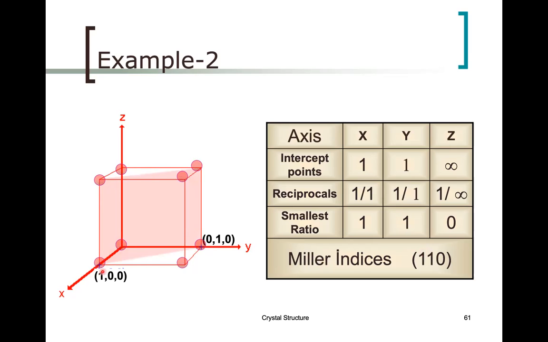This one intercepts x at 1, intercepts y at 1, and it's going to continue to infinity and never intercept z until it reaches infinity. So the intercept point is infinity. I take the reciprocals: 1 over infinity is 0, 1 over 1 is 1, 1 over 1 is 1, and this is the 1, 1, 0 Miller index.